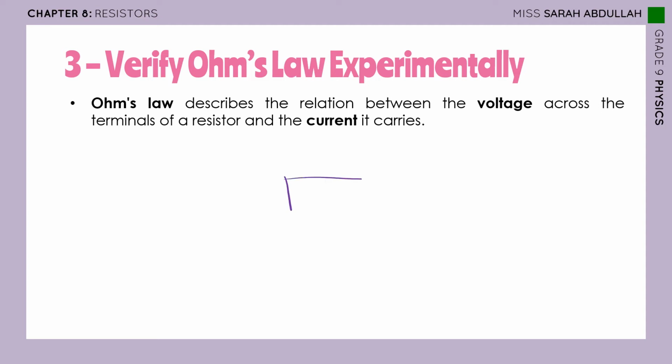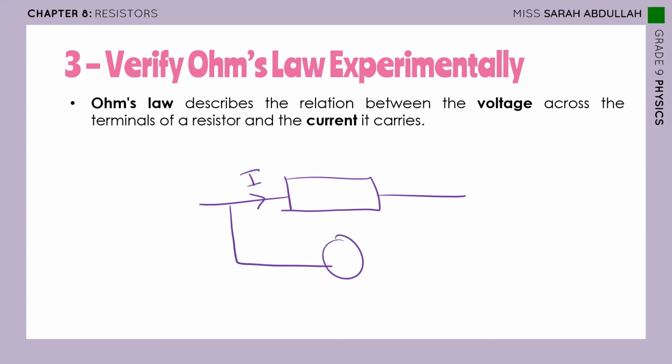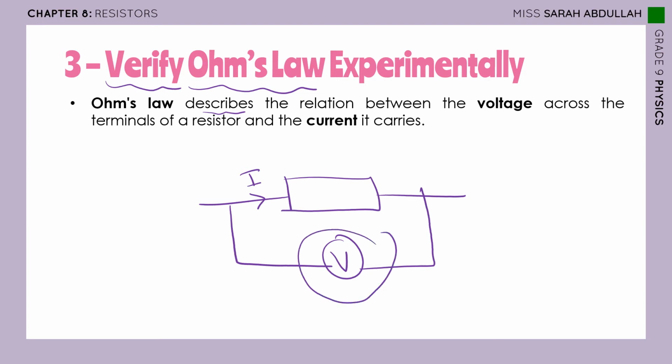Now let's say this is the resistor. There is an electric current I that is flowing through the resistor, and we have a certain amount of voltage across its terminals. Now what is Ohm's law and how can we verify it? It simply describes the relation between the voltage across the terminals of a resistor and the current it carries.